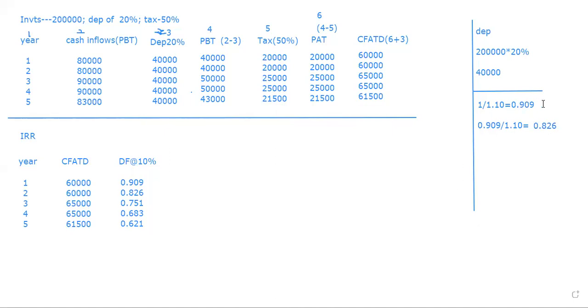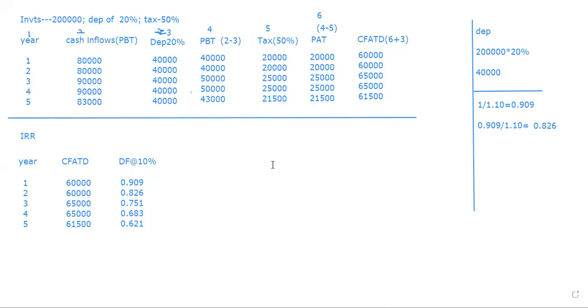So first year, under a 10% discounting factor, the value is 0.909, and for the second year it is like that. If you don't have a table with you, this is the trick you are going to use. If you have a table, it is well and good.